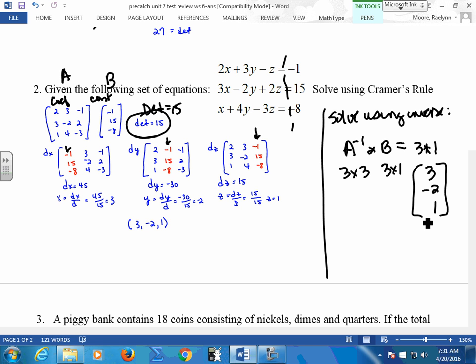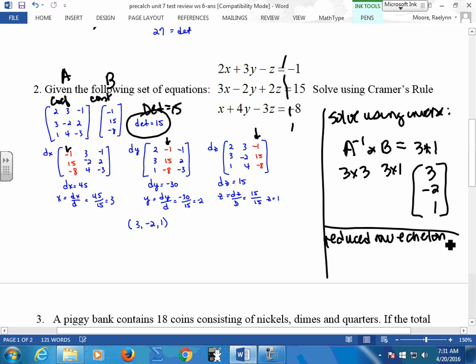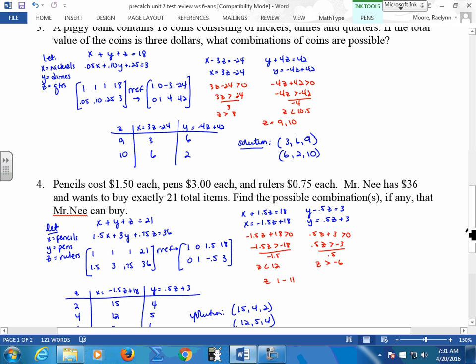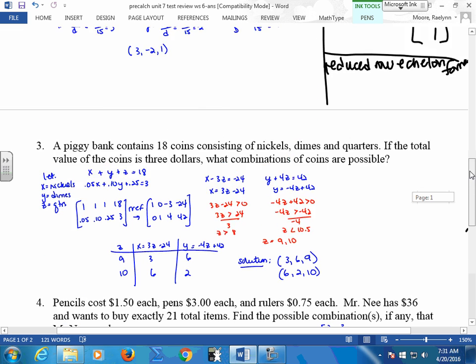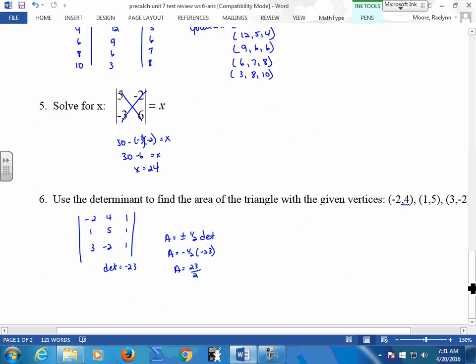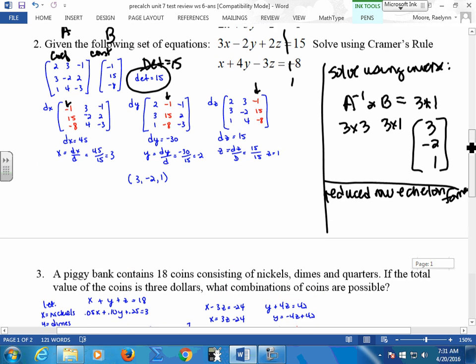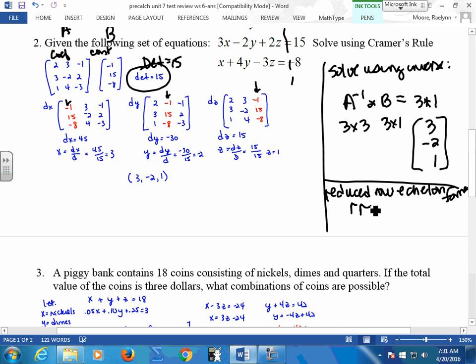And then I'm going to ask you to solve using reduced row echelon format. RREF. So how do I solve using RREF?